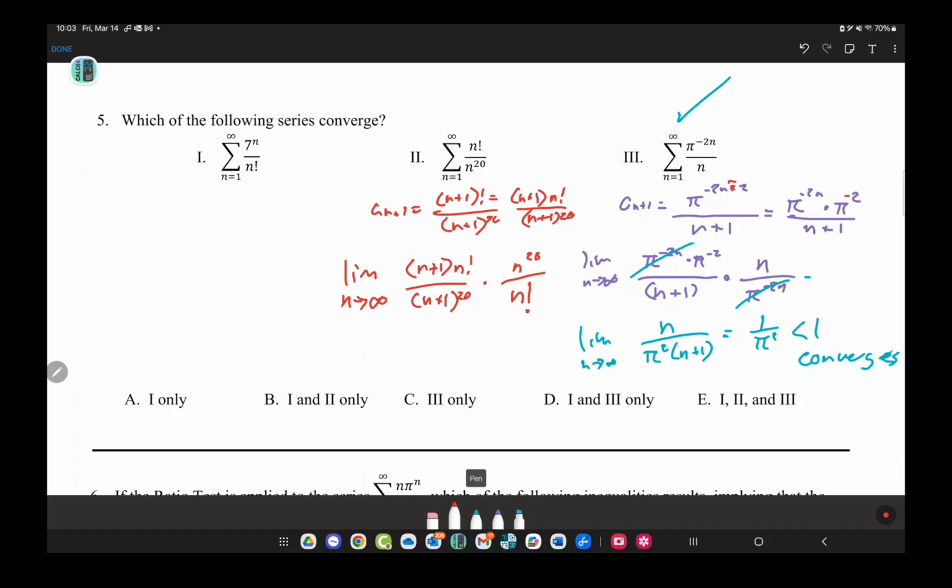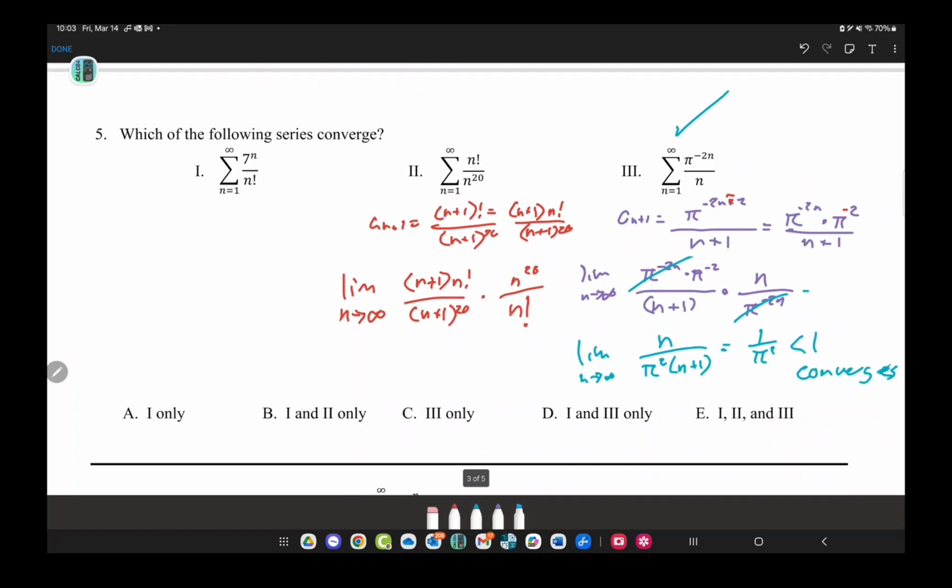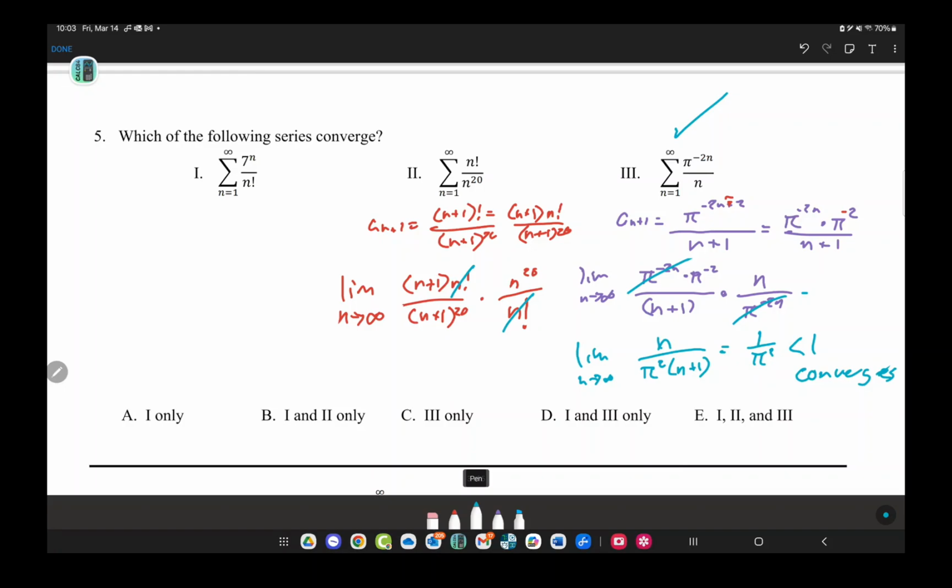It's D, right? So that will cancel this out, but I end up with a numerator that has a degree of 21 and a denominator degree of 20, which means this is going to go to infinity, so it diverges. Degree of 21 over degree of 20, yeah, diverges.